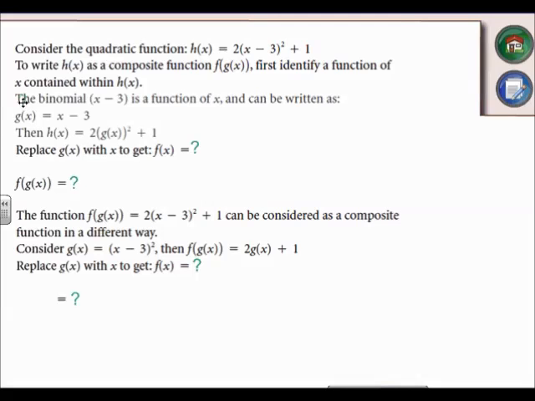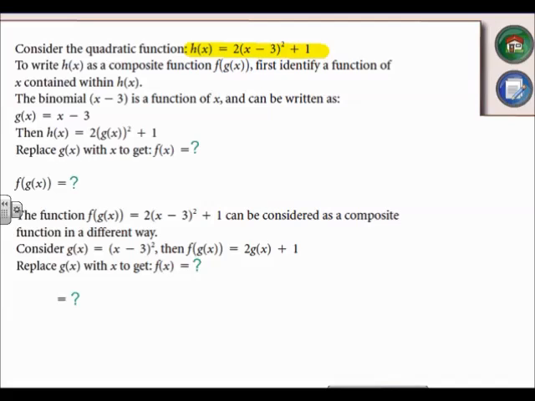So first thing we're going to do, use some of your skills from the transformations. If we've got something stuffed into another one inside brackets, let's just make that one of the functions. So in this case, when we look at this h, we can say, right here, we've got something stuffed inside with the x.